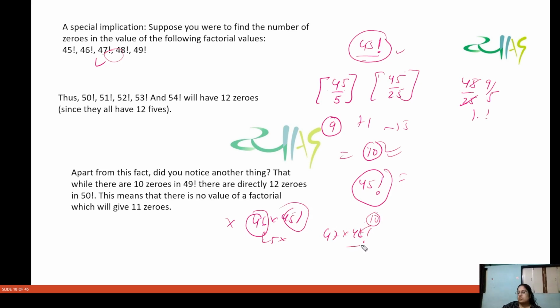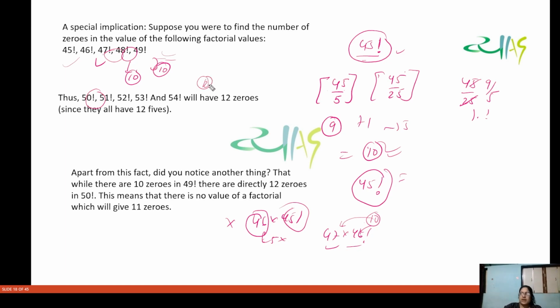So there are 10 fives only in factorial 46 as well, and 10 fives only in factorial 47 as well. Okay. Similarly, factorial 48 will also have 10 zeros, and factorial 49 will also have 10 zeros only. Okay, you don't have to calculate them separately. Once you know the number of zeros in factorial 45, then all of these have the same number of zeros.